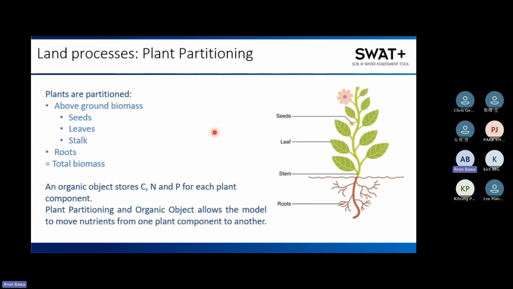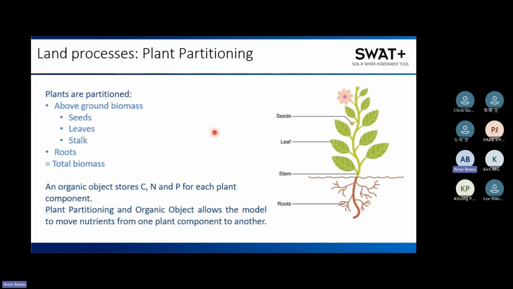And then after the plant grows, the entire production, the entire response, is divided into different units, like how much goes into the seeds, how much into biomass, how much into root biomass. For all these processes, we have separate equations. You have a separate equation for root growth, a separate equation for biomass growth, and for how much biomass is converted into your grain yield and others.